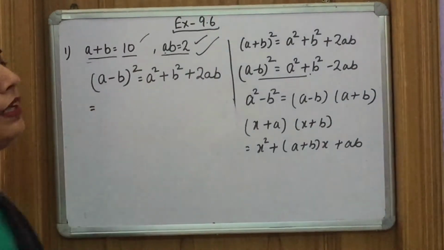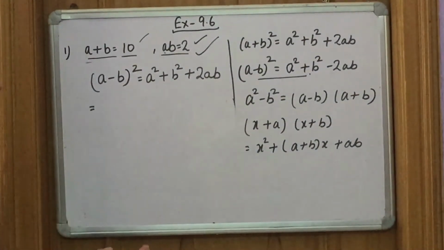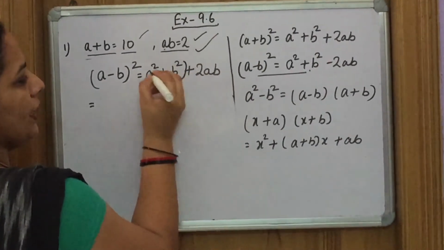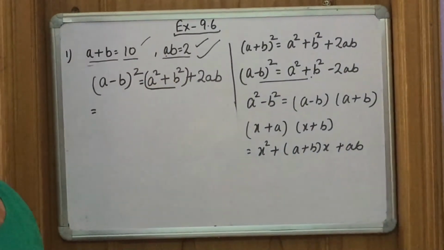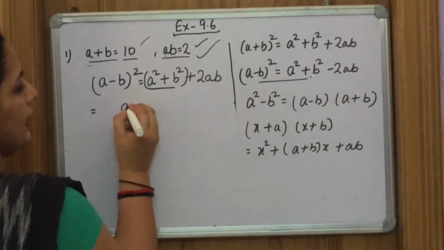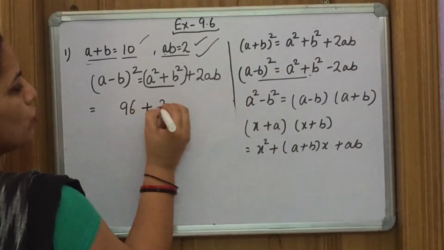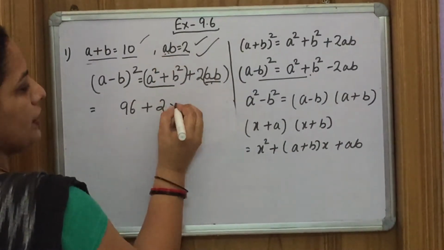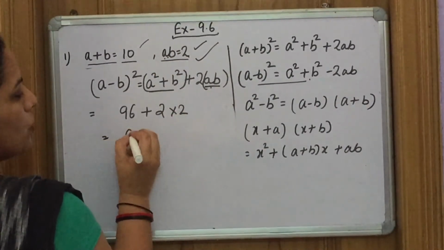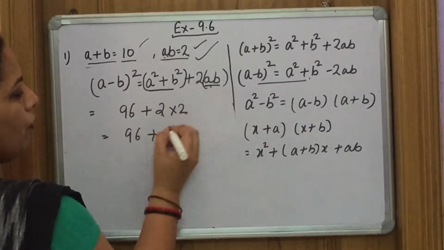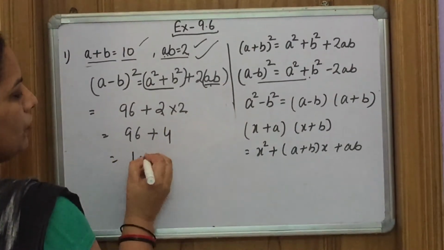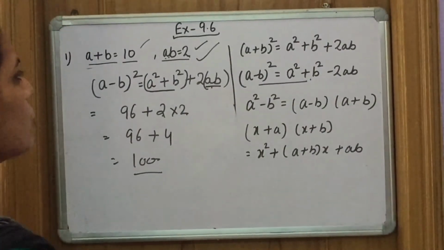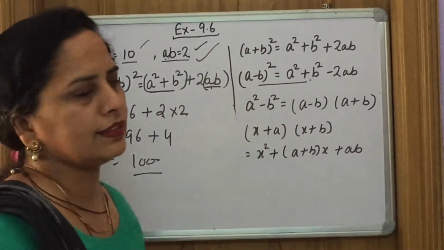Now put all the values from the first part. From the first part, we have the value of a square plus b square, which is equal to 96, minus 2ab. We also have the value of ab, which is equal to 2. So 96 minus 4, which will be equal to 92. So this is our question which we have solved by using the identities.